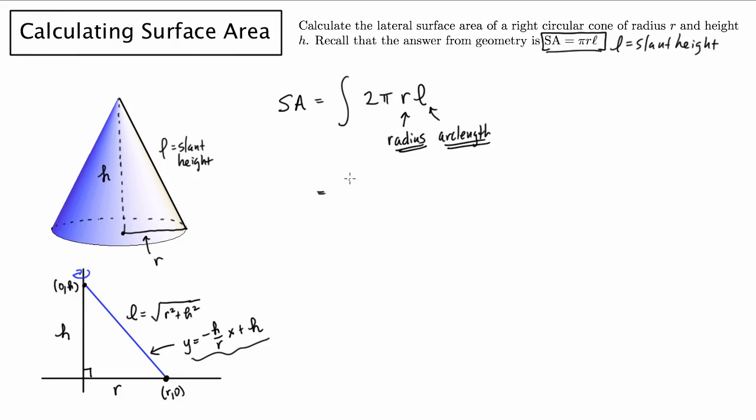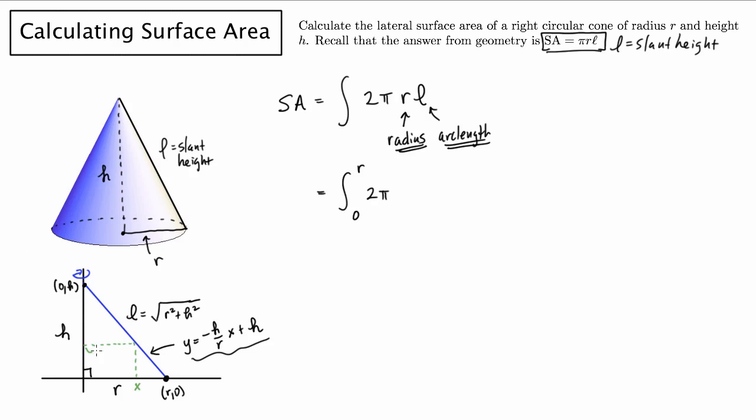So for this particular example, we would be integrating from 0 to r of 2 pi, and then if I think about my radius, the radius of each of these rotations is nothing more than this distance, which changes based on whatever your x value is.